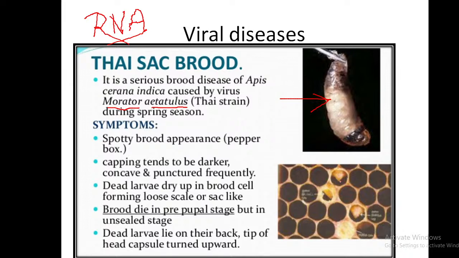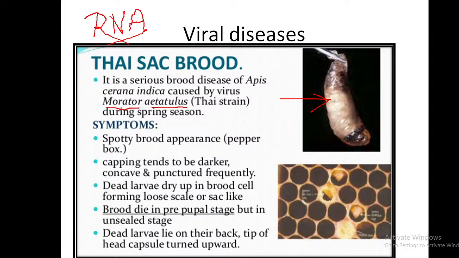The dead larvae lie on their back, with the tip of the head capsule turned upward. Dry dead larvae will be found in each cell like this. This is known as sac brood disease, and the strain of virus found in the Thai region is Morator Itaculus.